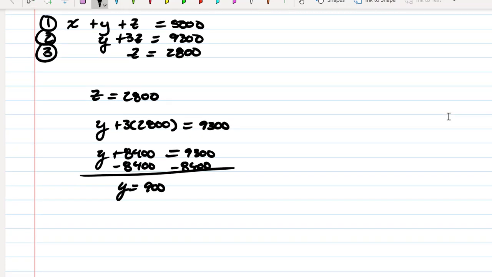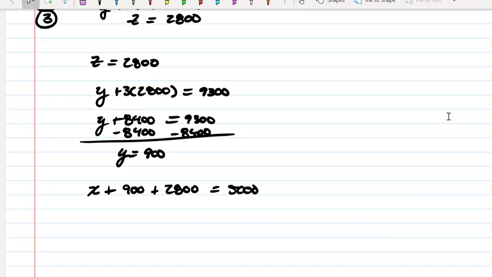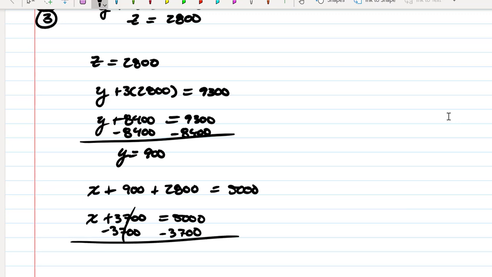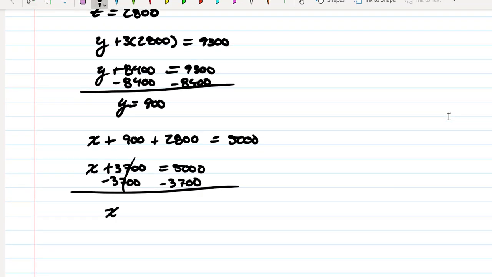So then our last equation is x plus y, which is 900, plus z, which is 2,800, equals 5,000. 900 plus 2,800 gives us x plus 3,700 equals 5,000. We minus 3,700, minus 3,700, and we get x is equal to 1,300.